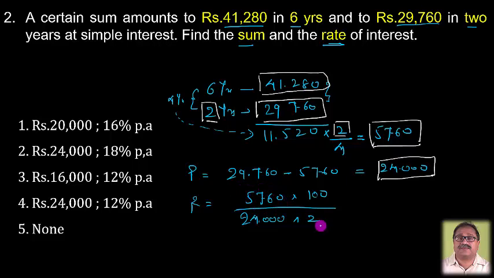If I would have taken interest as 11,520, then I would have taken the time as 4 years. So by solving this, I get 12%. So my rate of interest is 12%. Principal is 24,000. So check the option choice for 24,000 and 12%.